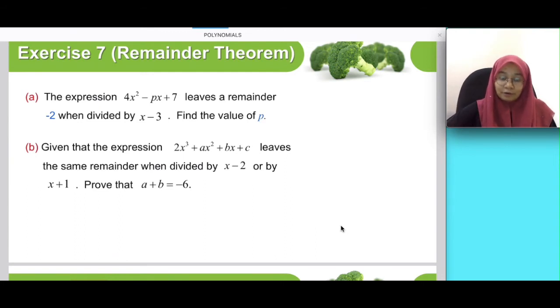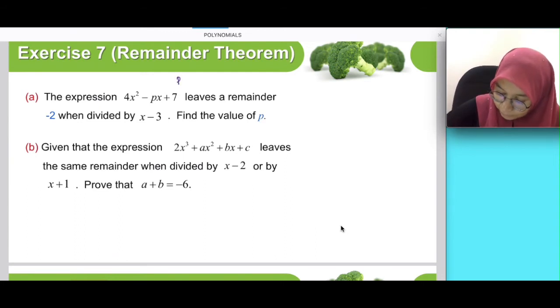Find the value of p. So we know that our P(x) is equal to x squared minus px plus 7. It said that when divided by x minus 3, the remainder is negative 2.